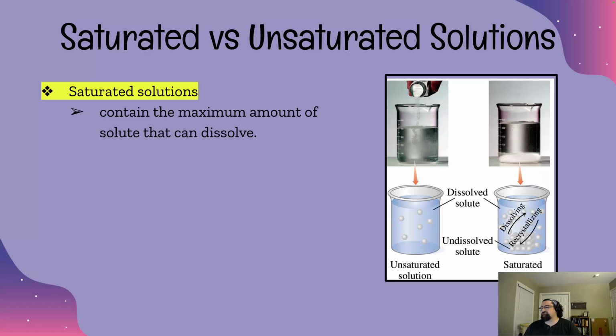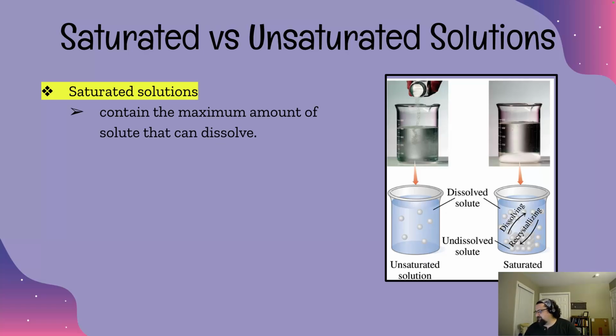Saturated solutions contain the maximum amount. We have dissolved everything we can. We can't possibly dissolve any more into this solution. They are completely saturated with it. If we look on the right hand side, we've been pouring in salt and mixing this up, and we've gotten to a point where no longer will the salt dissolve.